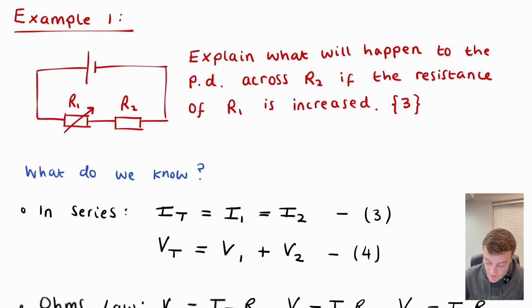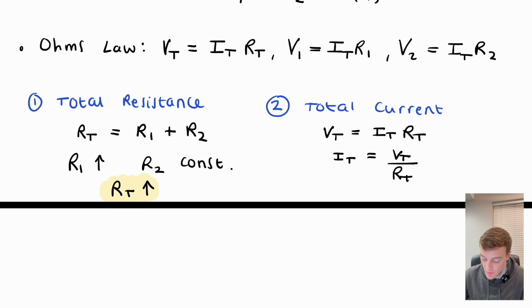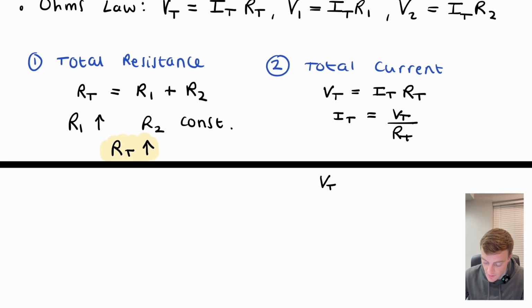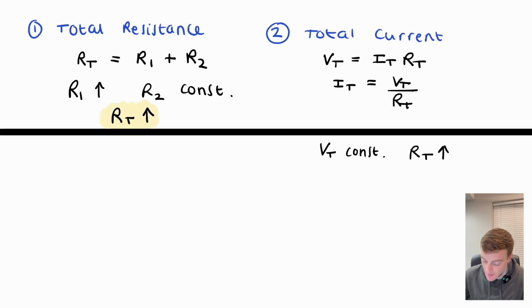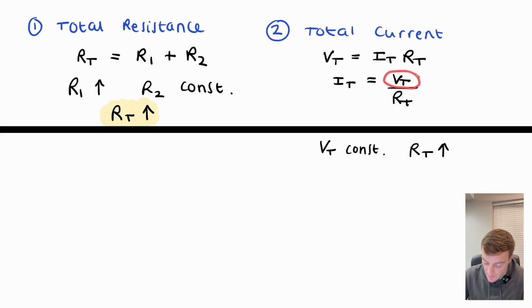Now the total potential difference is just supplied by the cell, and that's constant. So I'm just going to write VT constant, and RT we just found, RT increases. Okay, so if this stays the same and RT increases, then IT must decrease. The denominator of the fraction got bigger, so the whole fraction got smaller. IT decreases.